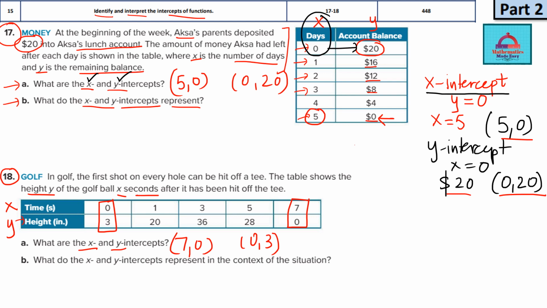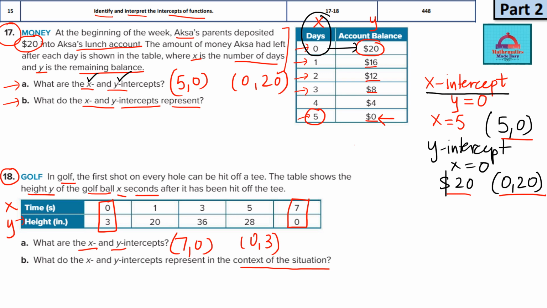Now let's see what the interpretation is. What does it represent in the context of the problem? A person is playing golf, and the first shot on every hole can be hit from a tee. The table shows the height h. So y represents the height that the golf ball is taking in time x seconds after it has been hit off.